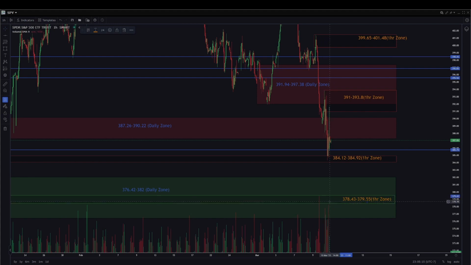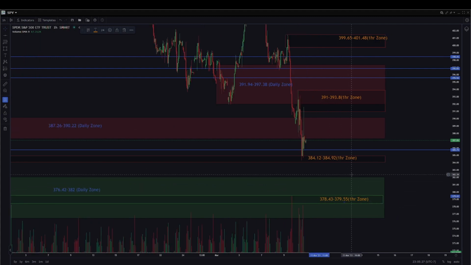It's a safer entry. You could wait till this bounces out, take some calls, have your stop right here, or you can wait till this bounces and you could take your position in here and have this as your stop. Just the way I play my zones, I have my clear defined risk when I enter.